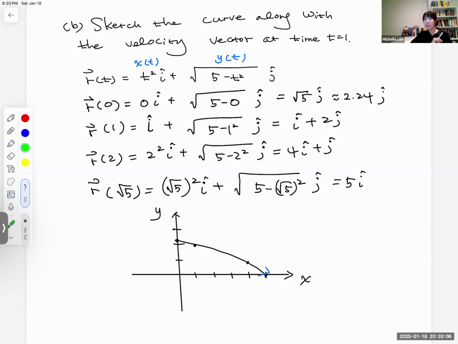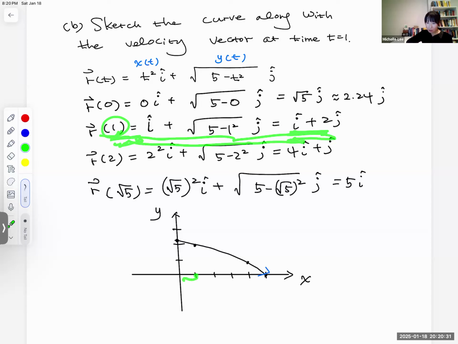Okay. Now, we want to know about the velocity vector when time t equals 1. So when time equals 1, the value of the vector valued function equals i plus 2j, right?